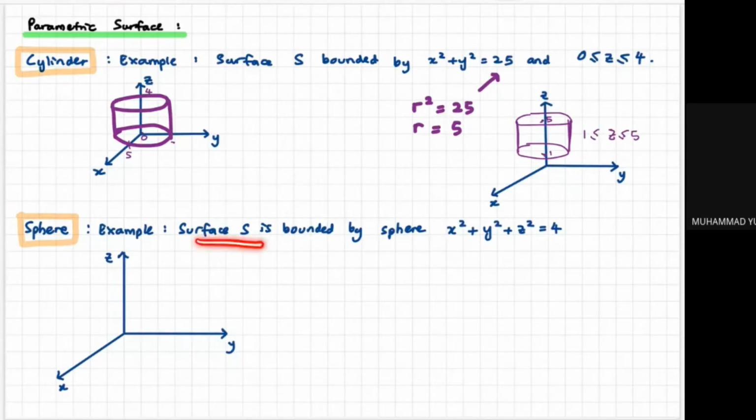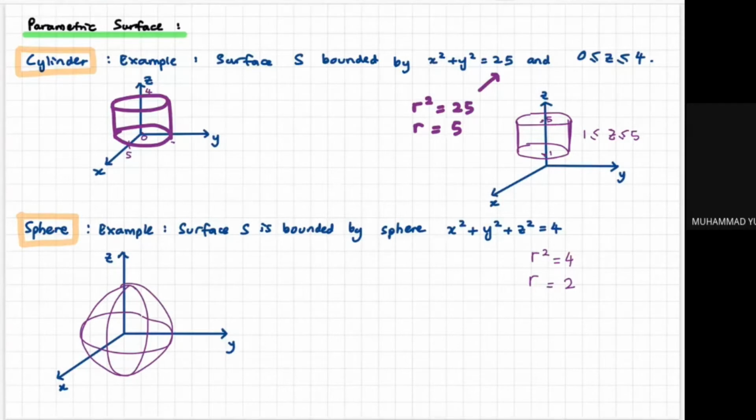Surface S is bounded by the sphere x squared plus y squared plus z squared equal to 4. You can see r squared is equal to 4, so r is equal to 2. R is your radius, so you can draw your sphere with radius 2.